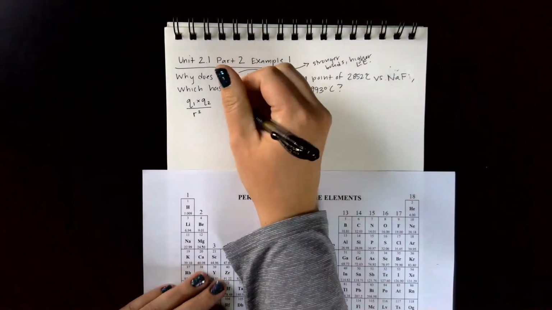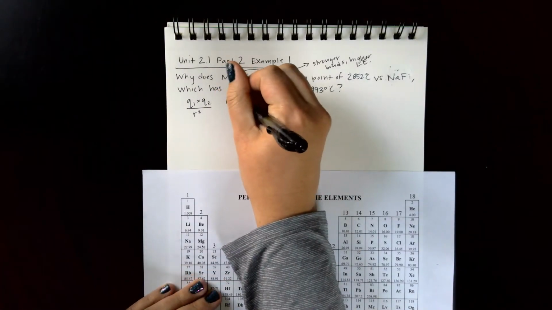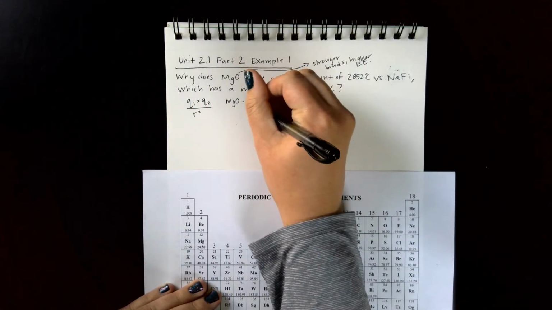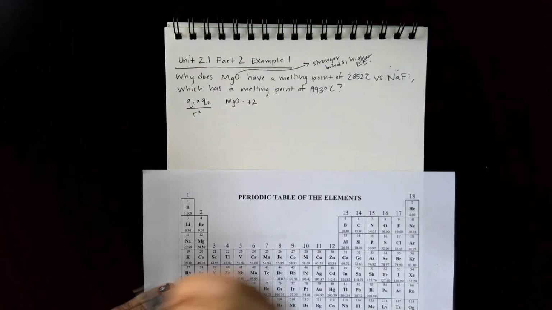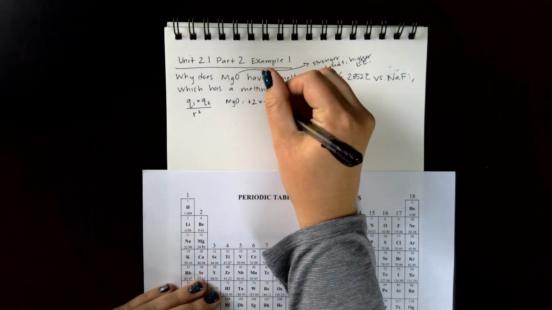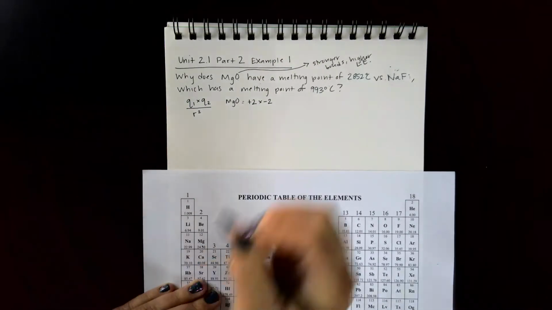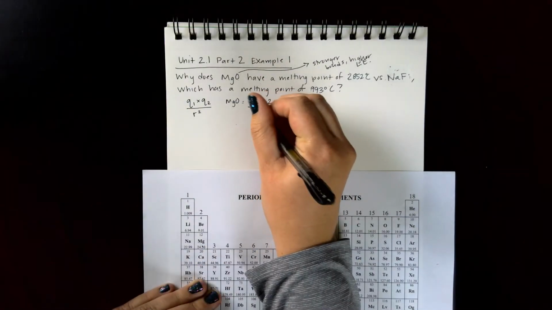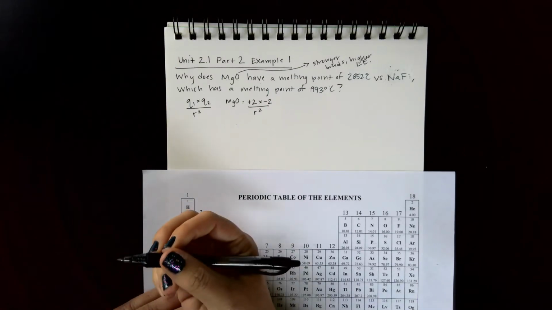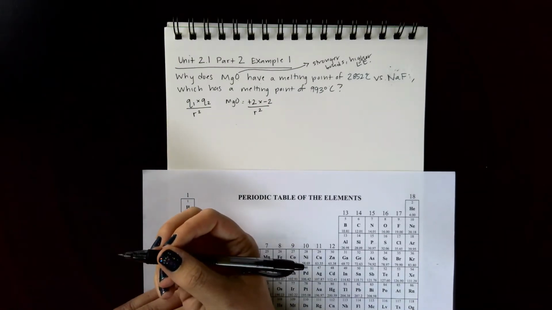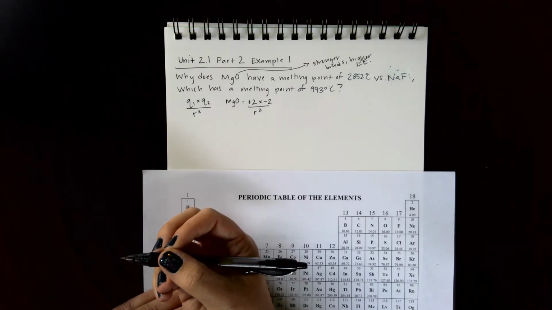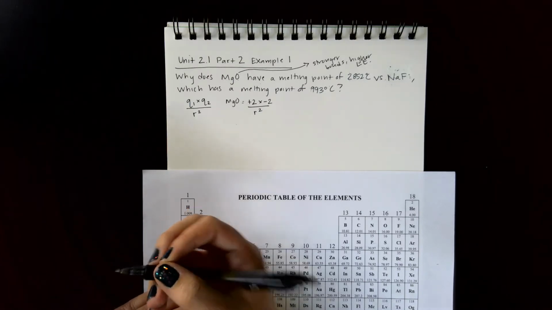So if we think about MgO with Coulomb's law, magnesium's charge is a +2, so I usually write that first. And then oxygen's oxidation number, or charge in this case, is going to be a -2. Now, it's going to be divided by, we are not going to put an actual number there, we're just going to put R squared. And the reason we're going to put R squared there is because the size of these two compounds is probably close to being the same because the elements are close to each other and are in the same family.